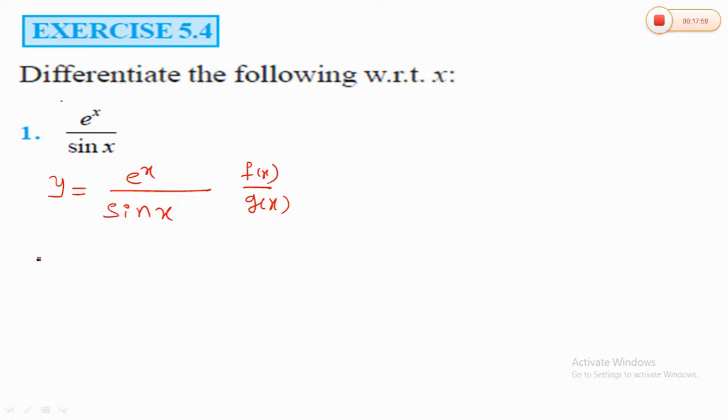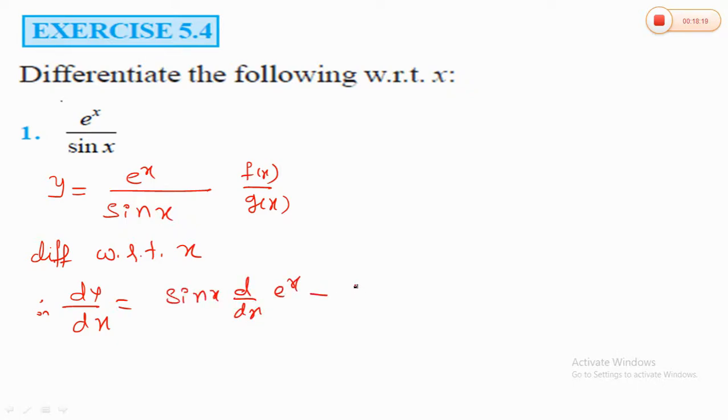First, differentiate with respect to x, dy by dx equals sin x d/dx of e raised to x minus e raised to x d/dx of sin x, this whole divided by sin x bracket square.